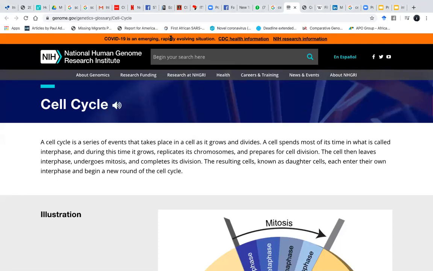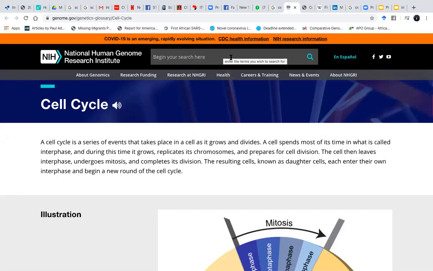So when the cell has divided already, the resulting cells, the products of mitosis, are referred to as daughter cells. And each one can enter their own interphase and begin a new round of the cell cycle. So once a cell has already divided, once everything is complete with it, it can begin to divide on its own.